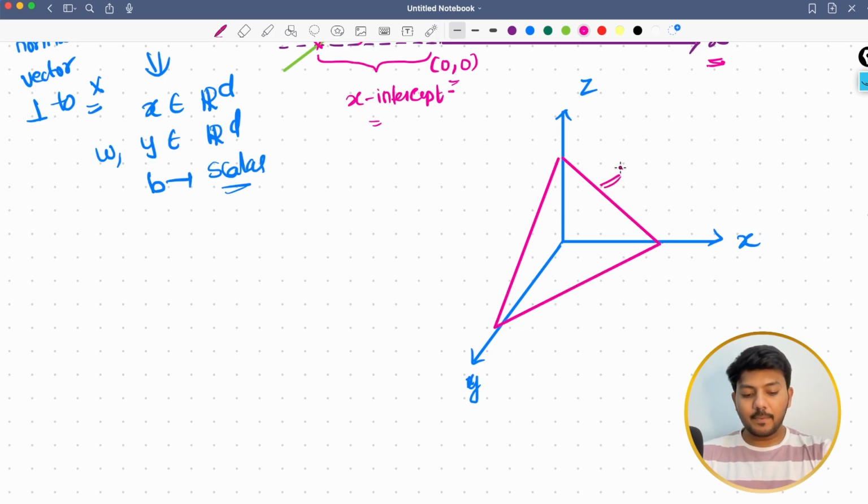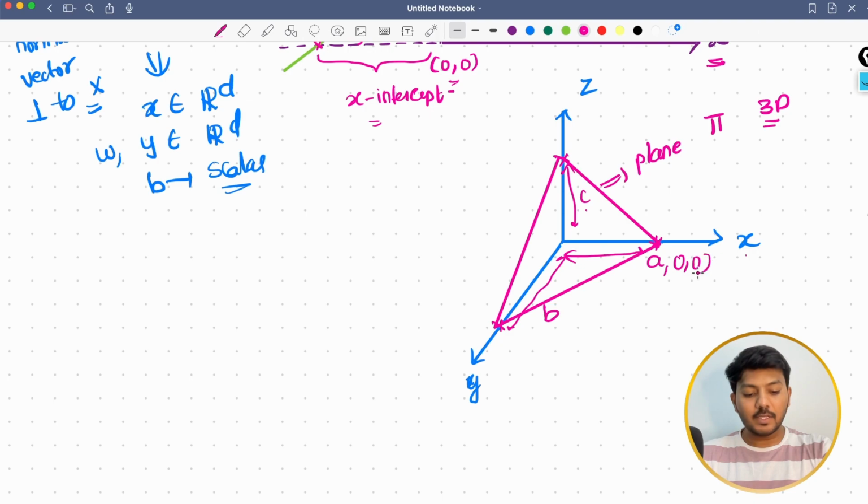This is a plane and we call it pi in the case of 3 dimensions right now. The point in which this plane meets my x-axis is called a, that means this distance is a, this distance is b, and this distance is c.